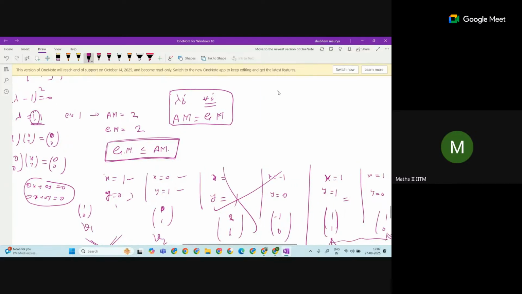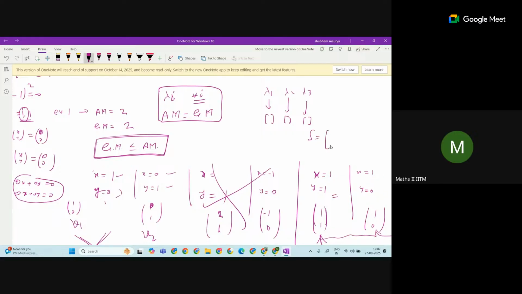For each lambda you get one eigenvector: V1, V2, V3. With these you are able to form your S. If you are able to form S, then it is diagonalizable. If not, then it is not diagonalizable.